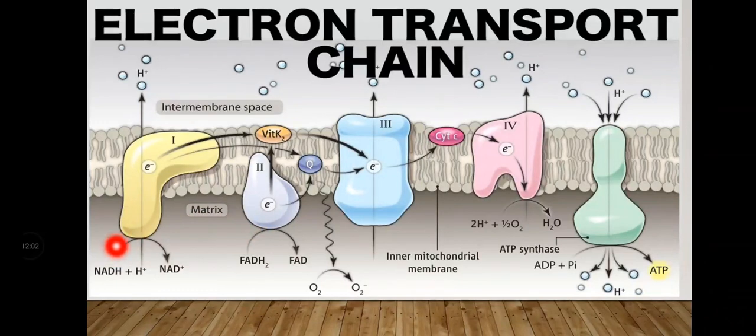You can see that you have NADH to complex 1, NAD plus, then you have protons going into the inner mitochondrial membrane space. Then complex 2 there, FADH2 to FAD, then ubiquinone receives these electrons, transmits them to complex 3. It also pumps protons. The cytochrome C receives these electrons, and then the final electron acceptor is oxygen, which reacts with the hydrogen to give us water molecules.